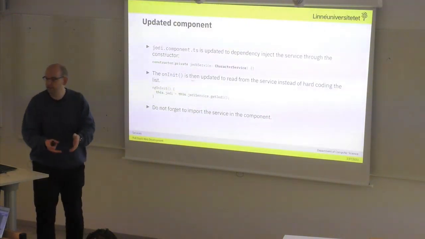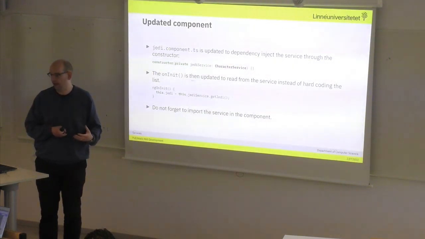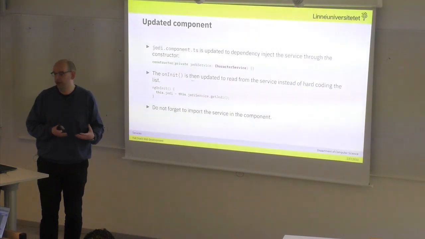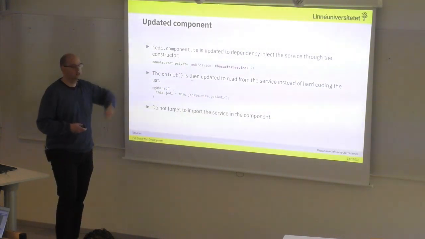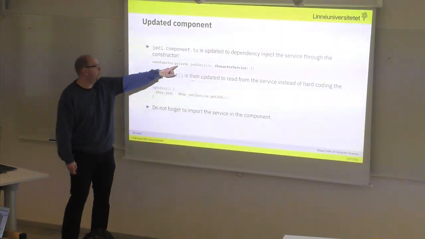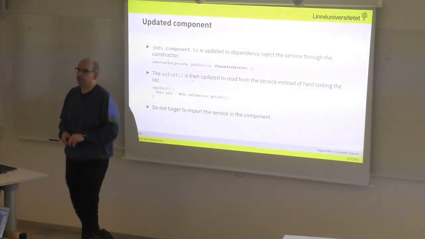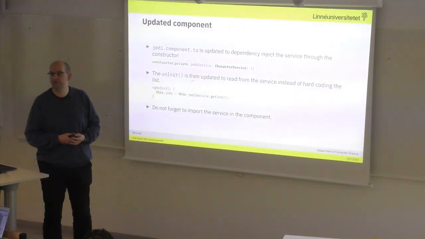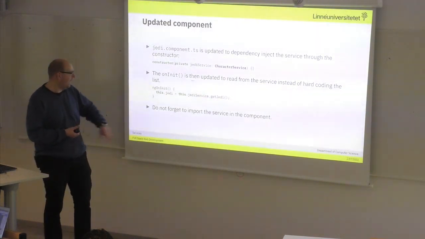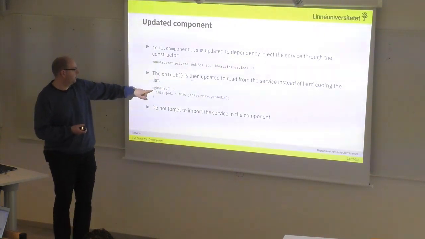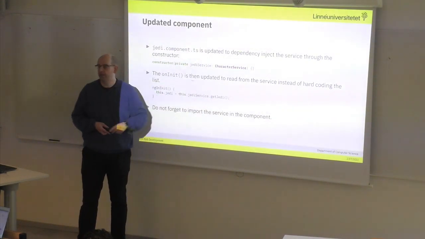Now we need to inject this service into the different components. In this case, we just have our Jedi component. So in the constructor for this component, we add private jediService: CharacterService. And when we do that, we also need to add, of course, the import for this one. And in ngOnInit, we can add this.jedi = this.jediService.getJedi().